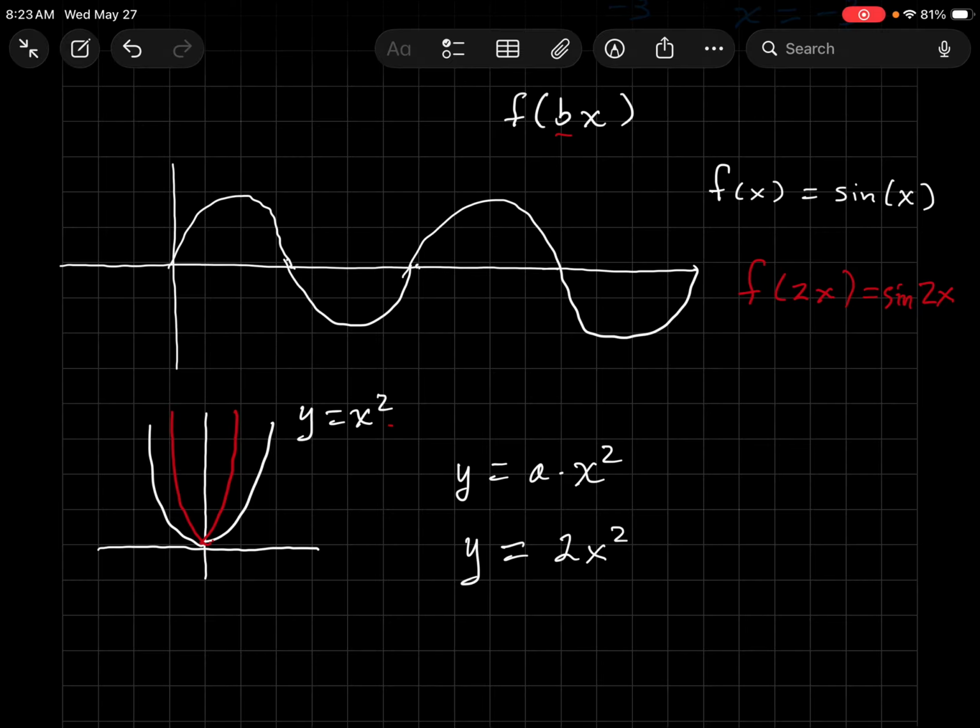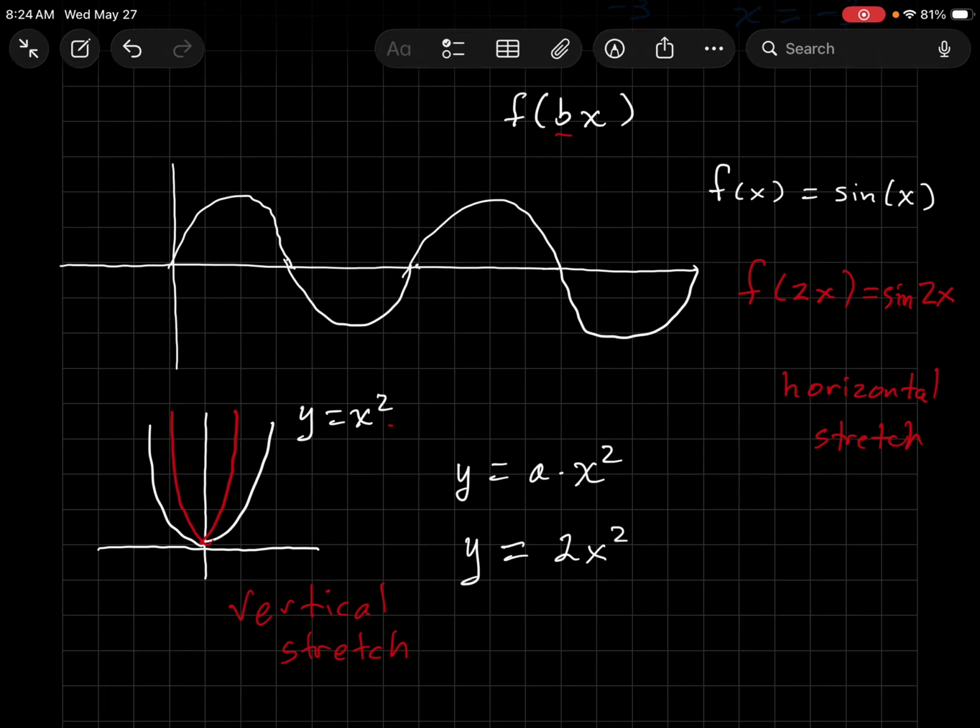But to understand what's happening, what do you think the sine of 2x will look like? Well, if 2 times f of x was a vertical stretch, because it's affecting the output, then f of 2x we could think of as some sort of horizontal stretch. We already talked about this a little bit, but how does it stretch the graph?